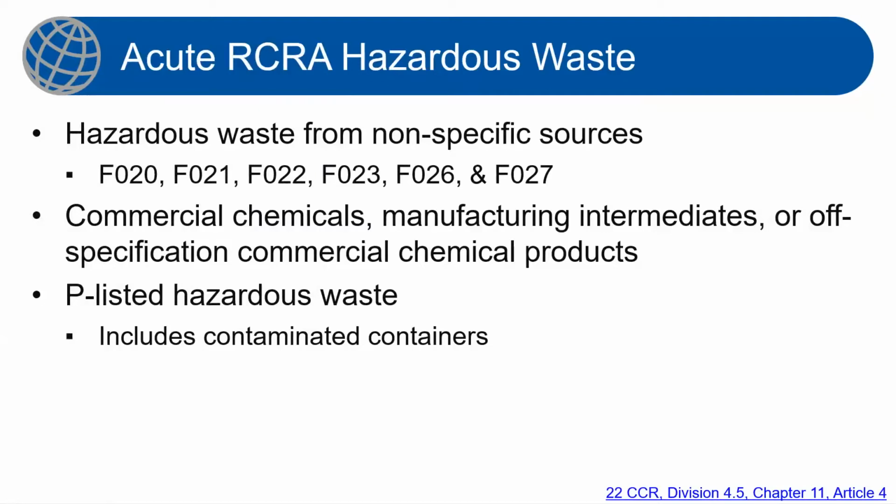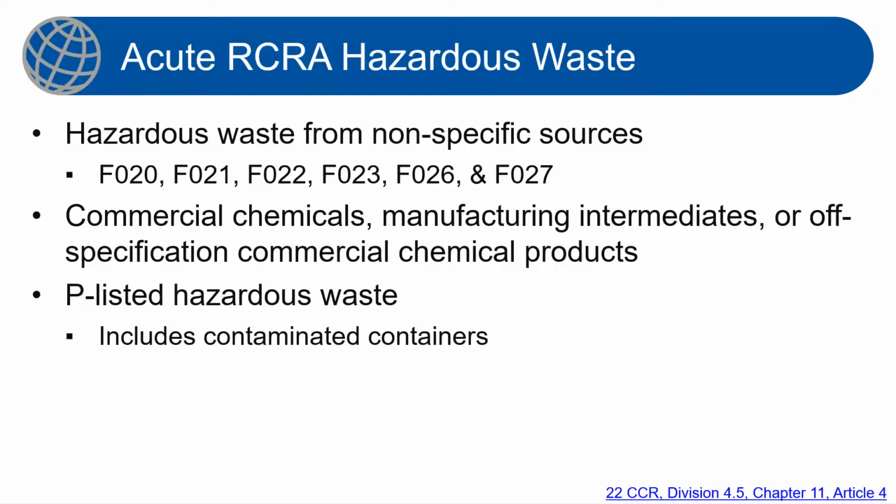And then any and every waste on the P list. The P list of hazardous waste is like the U list, where that is comprised of unspent, off specification, unused commercial chemical products.